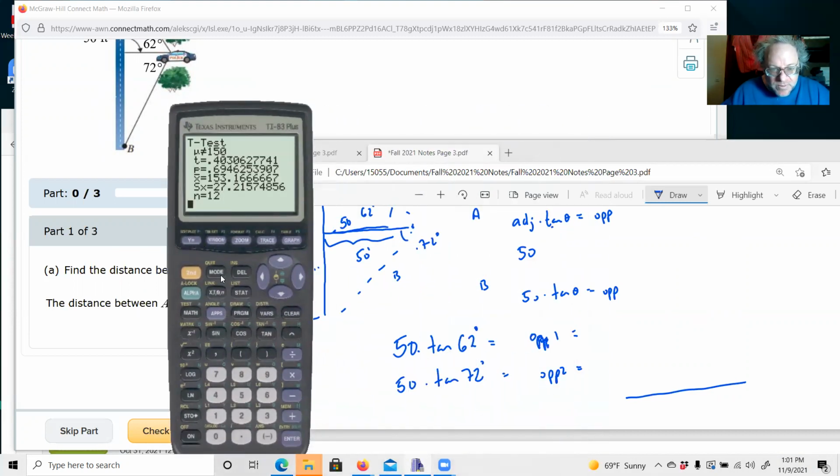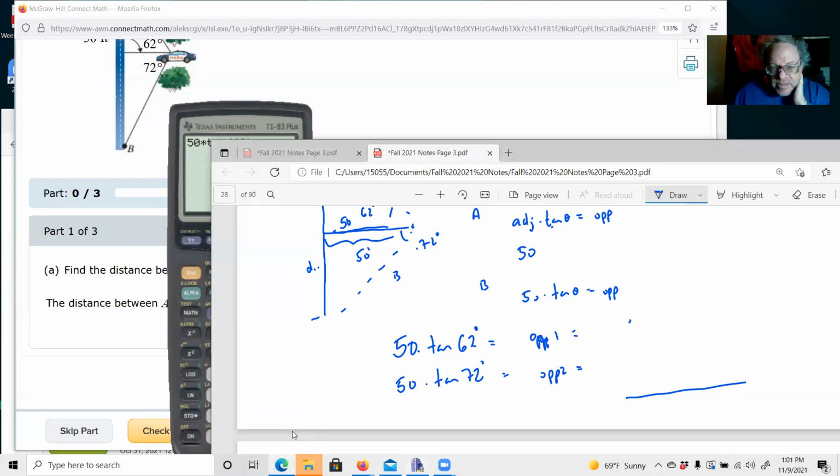Okay, so what do we have here? We have clear. We have mode is in degrees, excellent. Okay, so we have 50 times tangent of 62 degrees. It's 94.04.